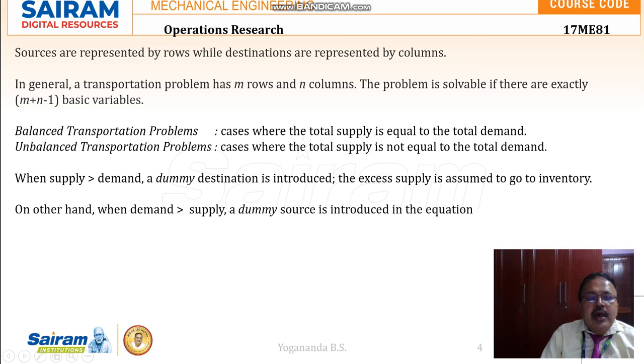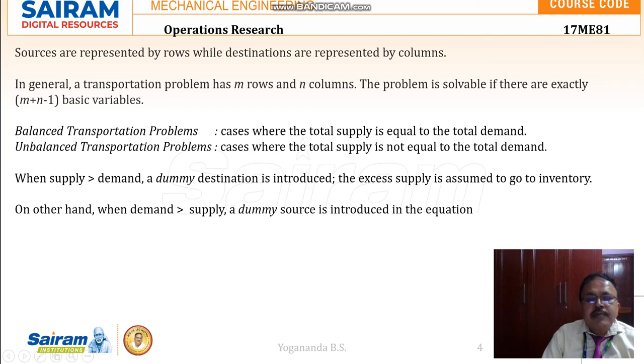If the transportation problem is unbalanced, it has to be made balanced. When supply is greater than demand, a dummy destination is introduced. That is, suppliers have more, but demand is less, so we are creating a dummy demand, that is a dummy destination.